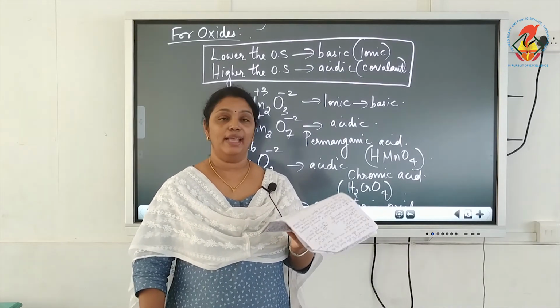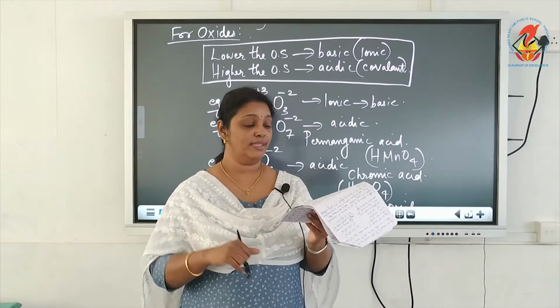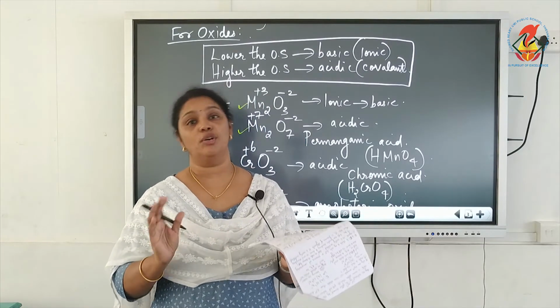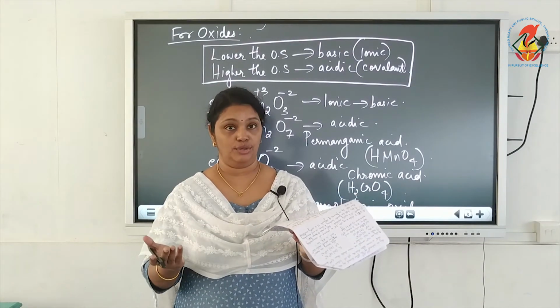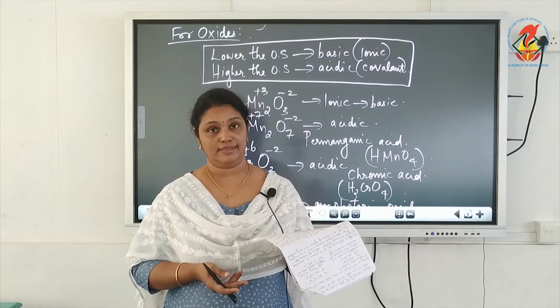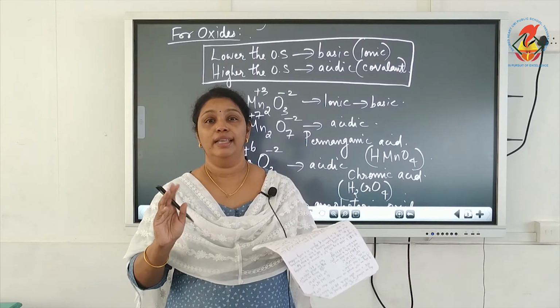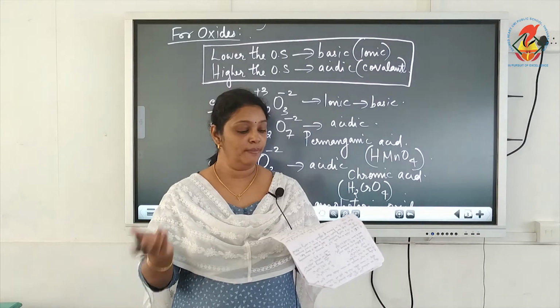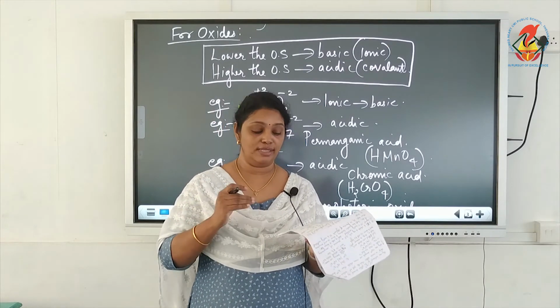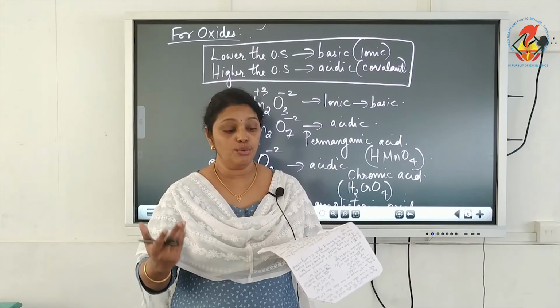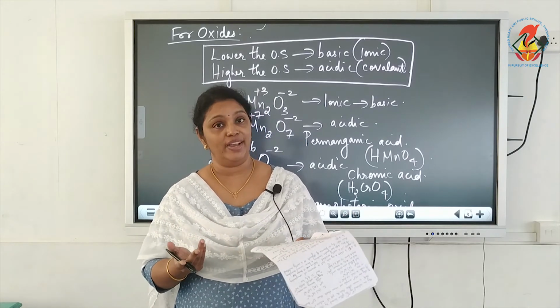Why? The answer is, in the lowest oxide the metal will be in a lower oxidation state. So it can lose more electrons and behave as bases. We know that bases are electron pair donors. So lower oxidation state means it can lose more electrons and behave as bases.